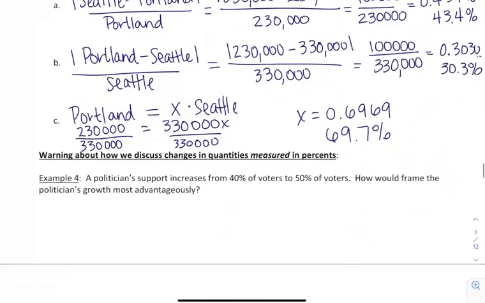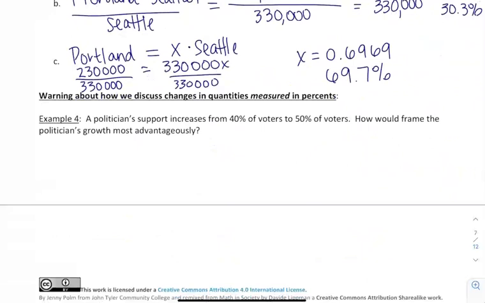So here's an example of how quantities measured in percents can be actually a little tricky as well. This is another place where we have to be careful with percents. A politician's support increases from 40% to 50%. How would you frame the politician's growth most advantageously? So we are already in percent.